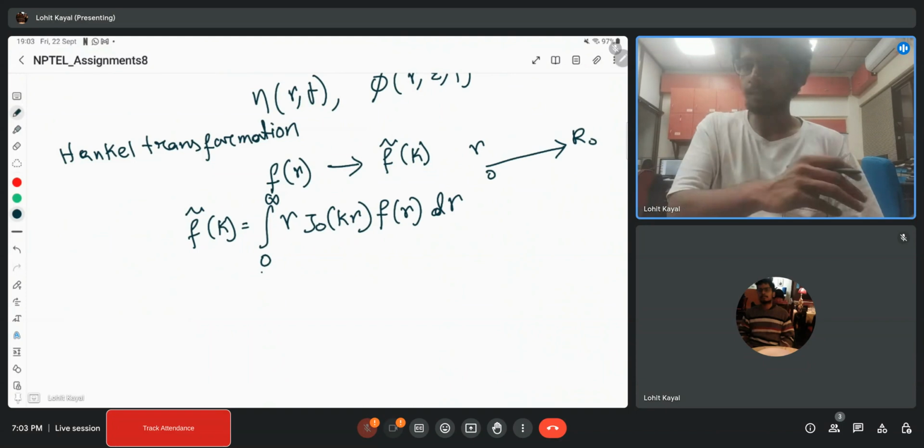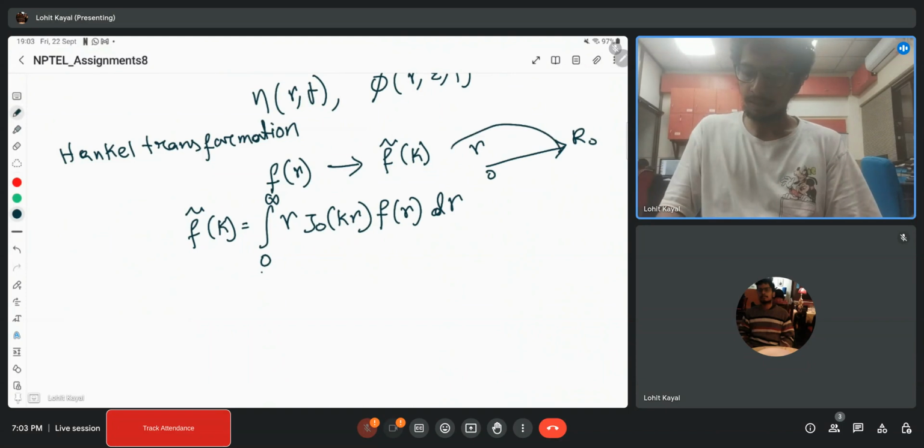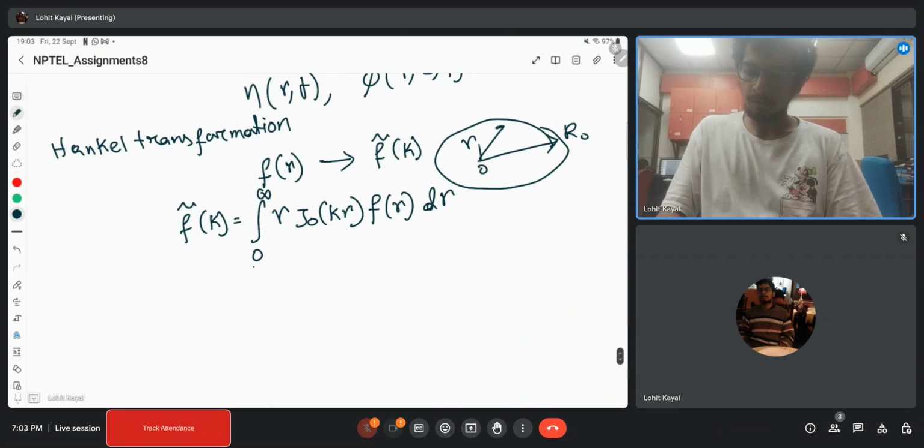There is no minus R naught, because it is cylindrical, and r will always increase from the center. It starts from 0.